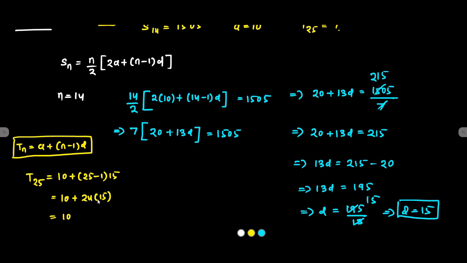Okay, 15 into 20 is 300, 15 into 4 is 60, 360. So 10 plus 360 is equal to 370. So the 25th term is equal to 370. Okay, so this is the solution.